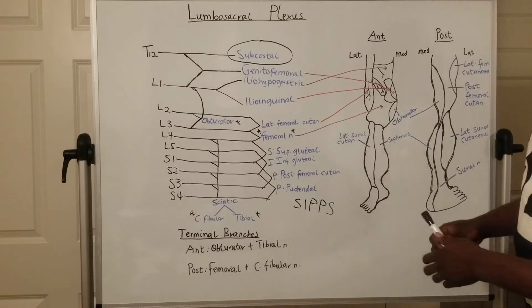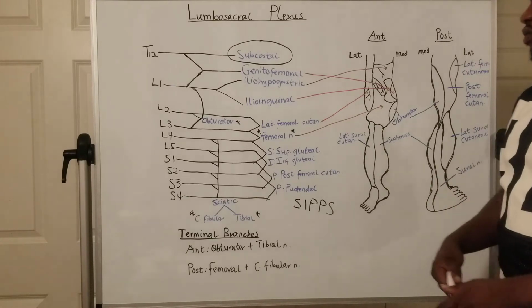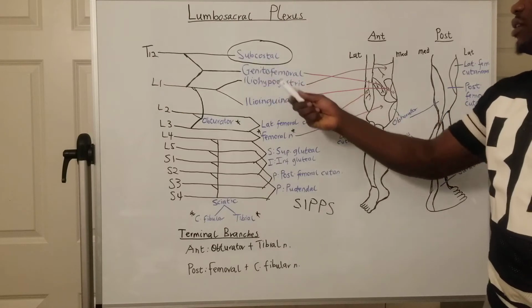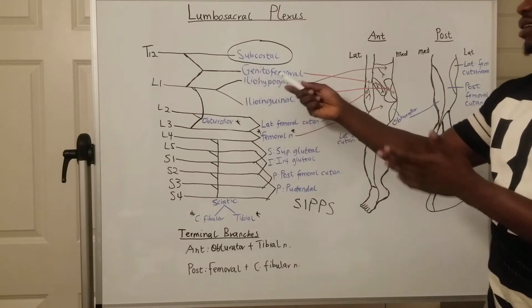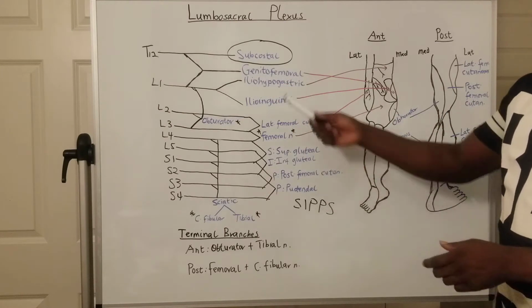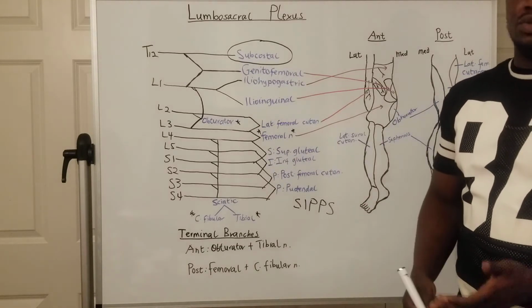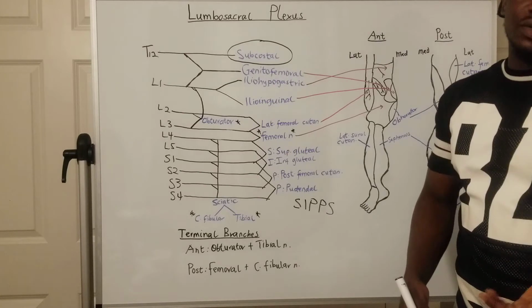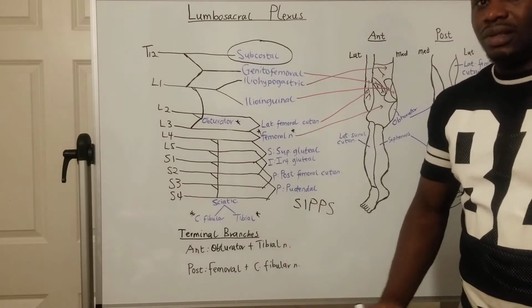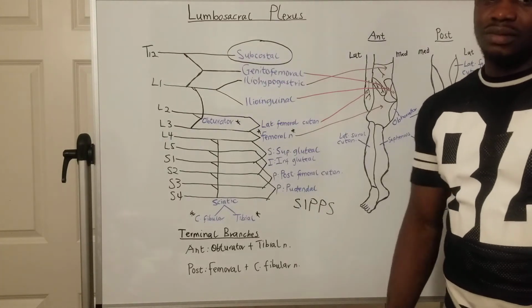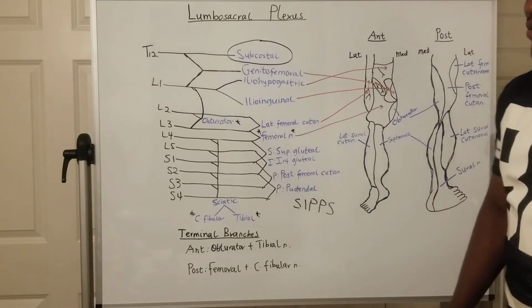Alright, we have our genitofemoral nerve, which is a combination of genitals and femoral. So they provide sensation to our genital area. For males, we can provide sensation to the cremaster muscle.